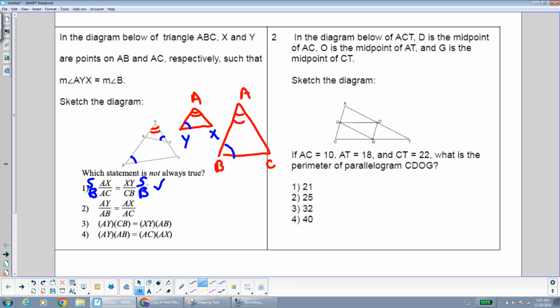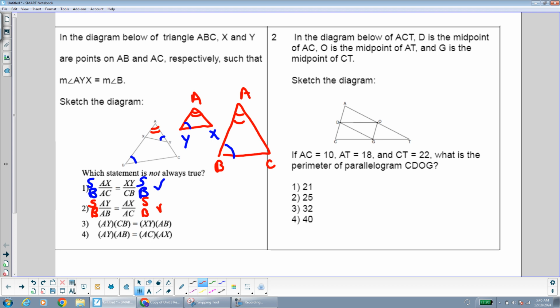Small over big, everything's corresponding. Answer choice number 2. AY from the small triangle, that corresponds to AB from the big triangle. AX from the small triangle, and that does correspond to AC from the big triangle. So that's good. That's set up correctly.